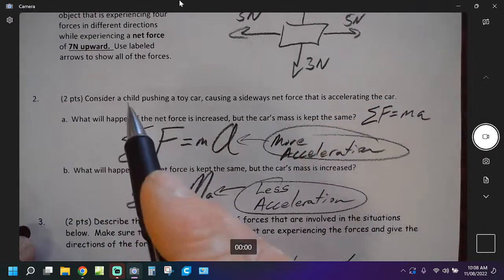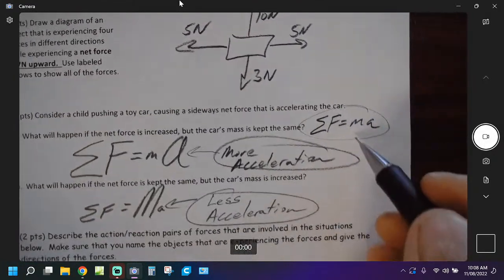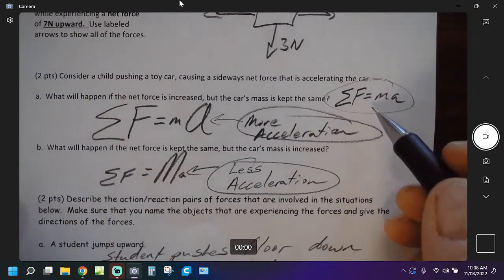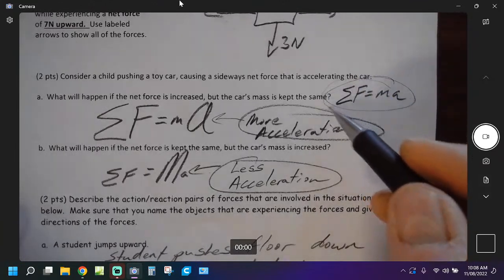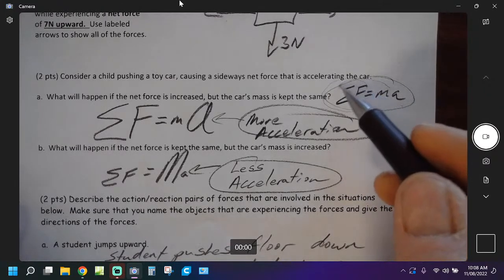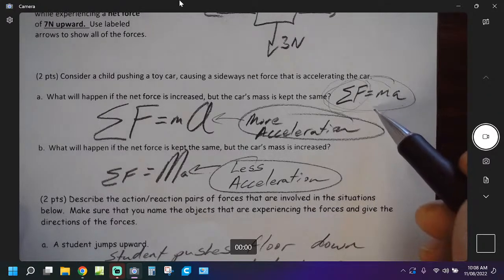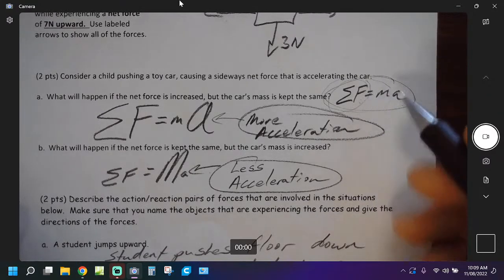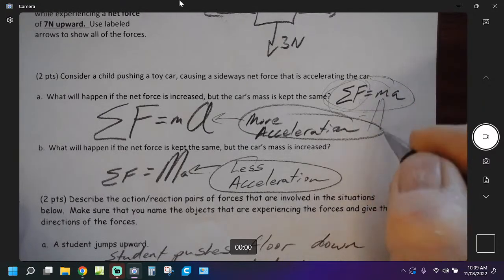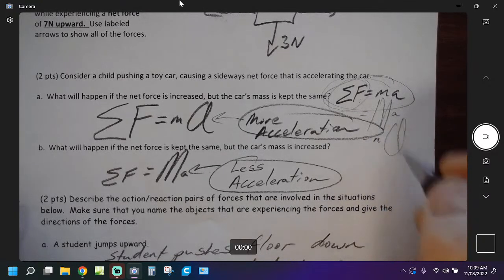Now the child pushing the toy car: what I'm doing is having you really play around with Newton's second law here. If I take just force equals mass times acceleration, this is the net force. If you keep the net force the same, you can have a really big mass and little acceleration, or a little mass and a big acceleration.